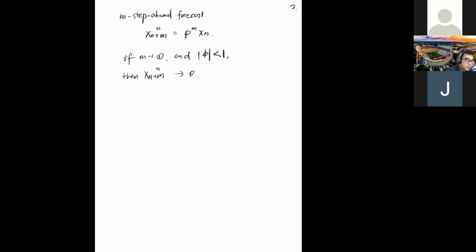So what is this 0? Here 0 is the mean of the data. Why? Because look at our model.